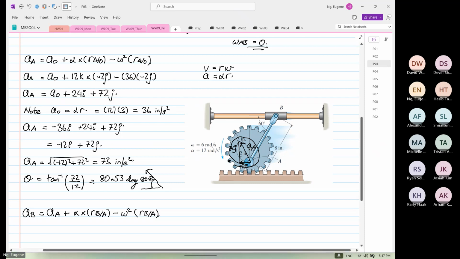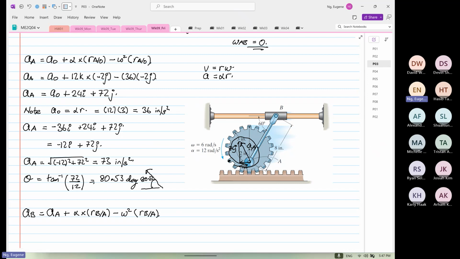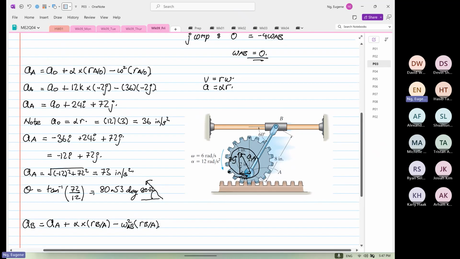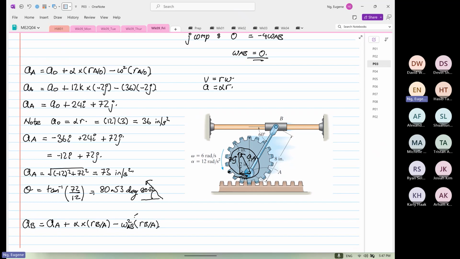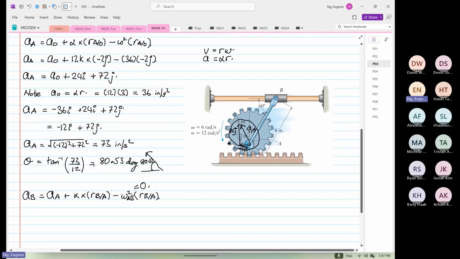Okay. So a good thing we have down here is our omega AB, and we have proven that omega AB over here is equal to 0. Okay.